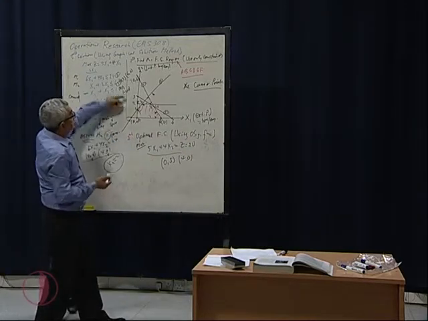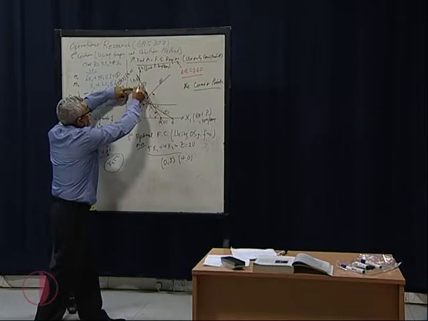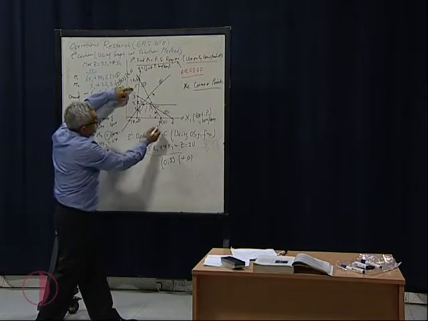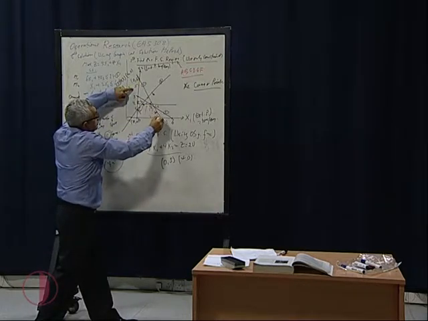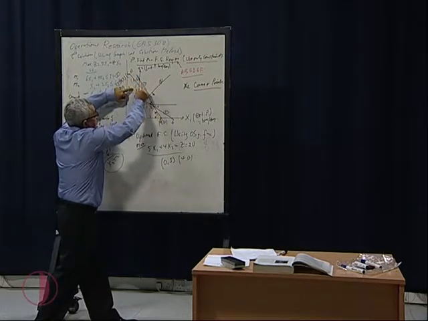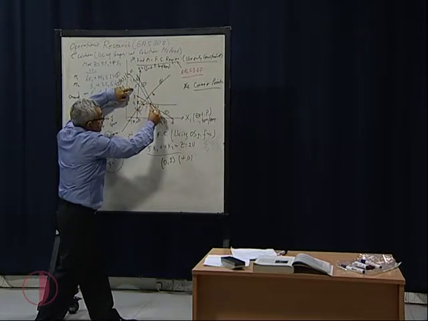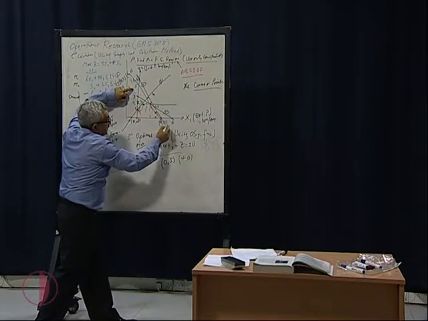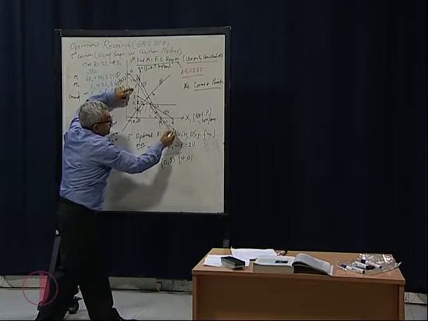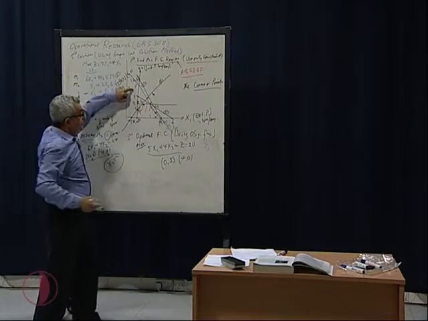But let me use the blue one, sorry. 0, 5 is over here, and 4, 0 is over here. If we join these two points, that is Z1, which is equal to 20.